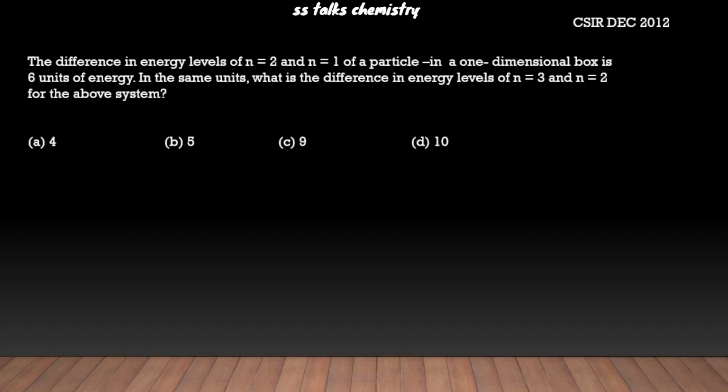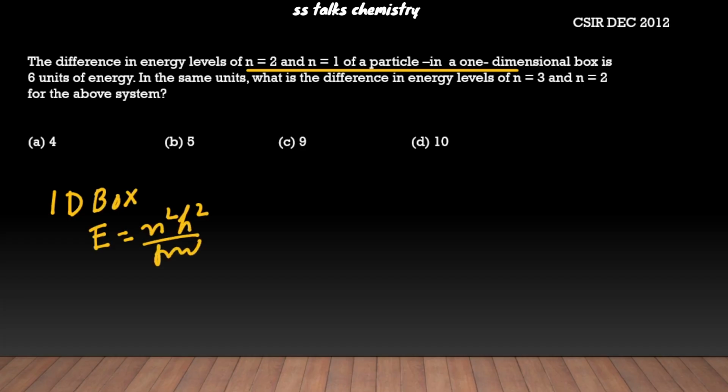Next, the difference in the energy levels of n equal to 2 and n equal to 1 for a particle in the one-dimensional box is 6 units. So energy for the particle in a 1D box is n square h square upon 8 m l square.